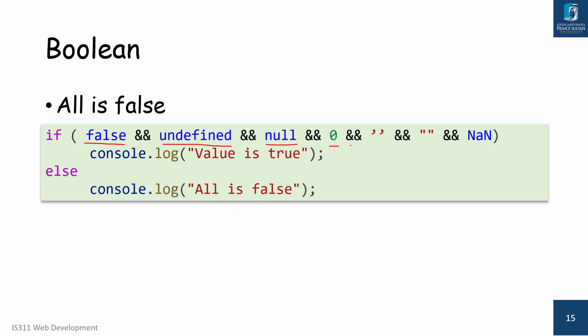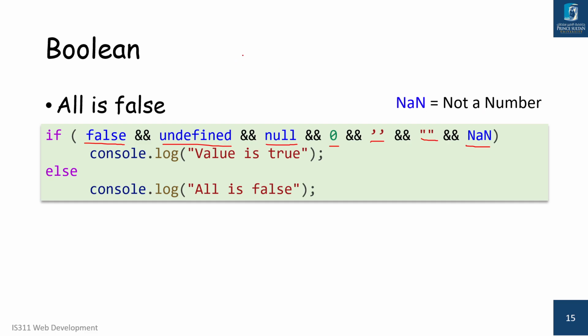Zero as a number is also considered false. An empty string, doesn't matter if you use a single quote or a double quote, is also considered false. And NaN is also false. So everything written down here is considered false inside our conditional statement.